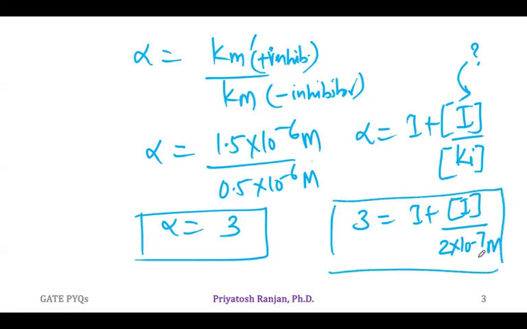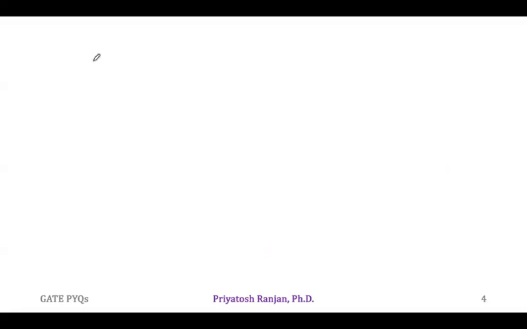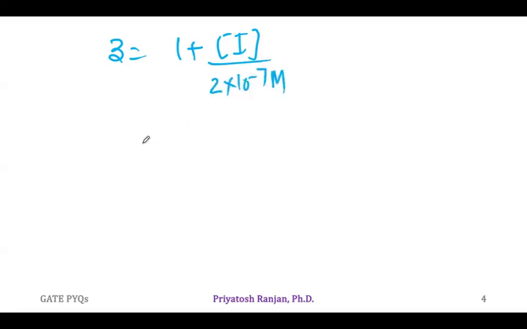So we can solve this equation. I'll rewrite it. 3 equals 1 plus I by 2 into 10 raised to the minus 7 molar. Remember, we need to report our answer in micromolar and up to 1 decimal point. So I can rewrite this as 3 minus 1 equal to I over 2 into 10 raised to the minus 7 molar.